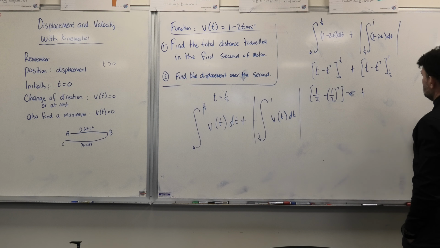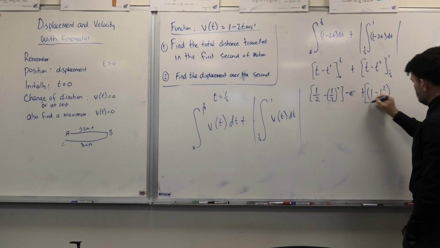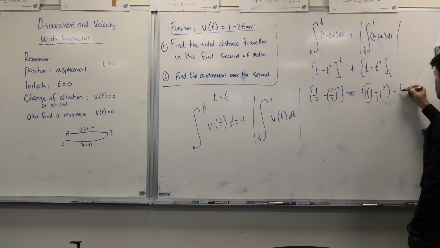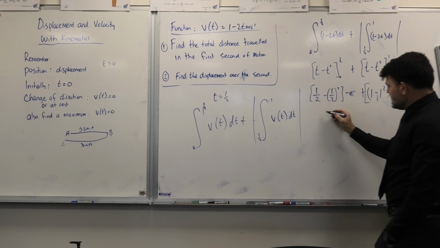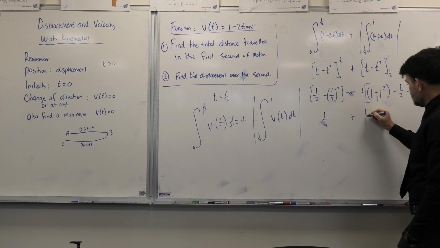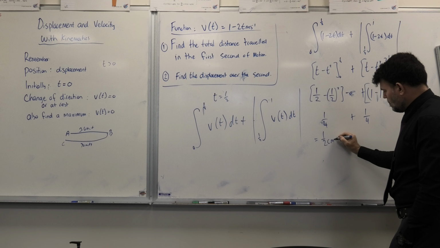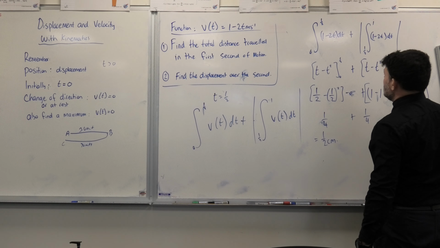Plus 1 minus 1 squared, minus, and we already know we're going to have this part here, 1/2 minus 1/2 squared. And what we get in this case is 1/4 plus 1/4 is equal to 1/2 centimeters. So we do get that exact same answer.